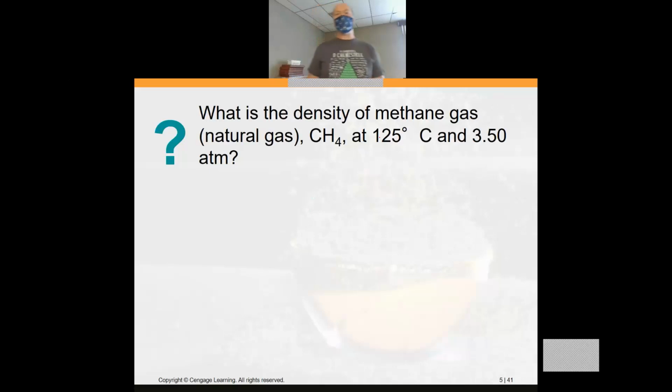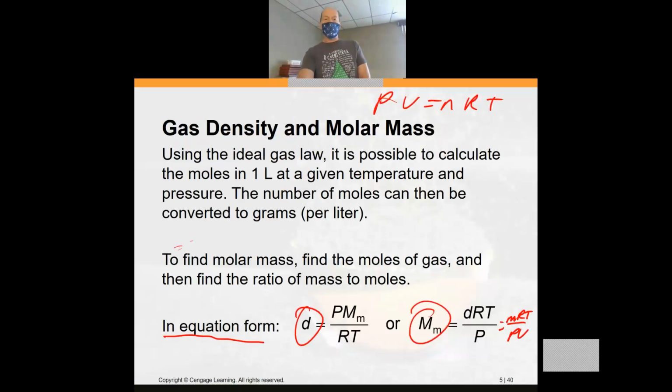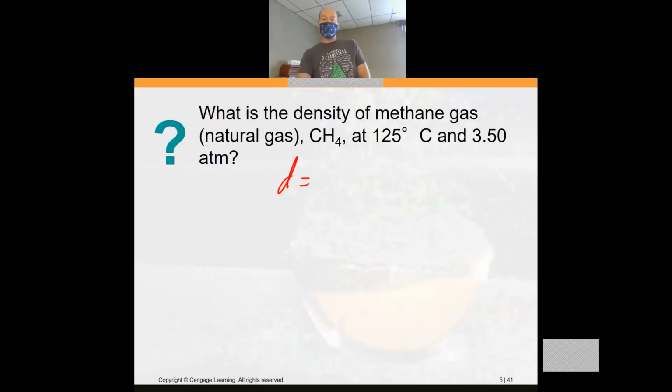All right, so we did this one as well, density. If you go back, you have your density, and it is right there. So that is your pressure, your molar mass over your RT. All right, so we have our 3.50 atm.